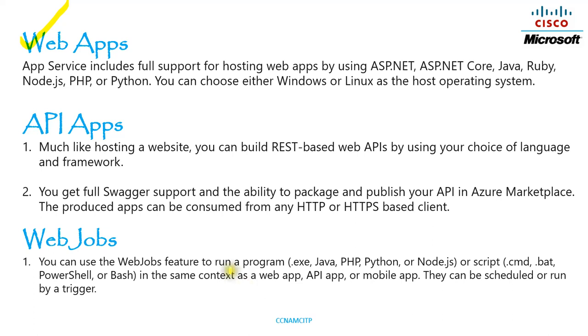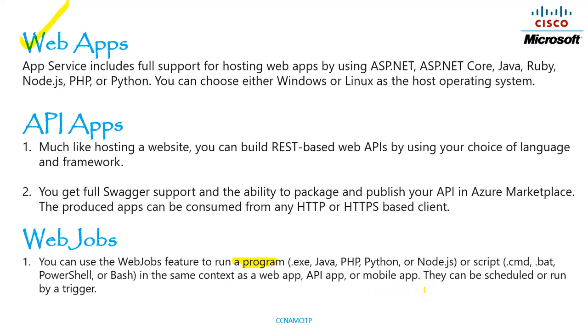So here there will be a program only, okay, but you can run it just like a web app, an API app, and a mobile app. They can be scheduled or run by a trigger.